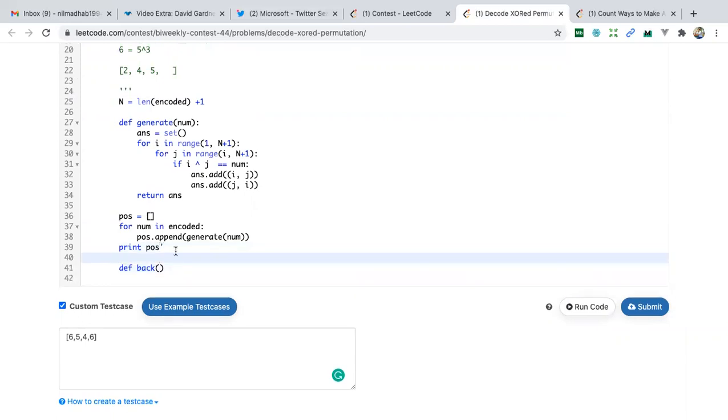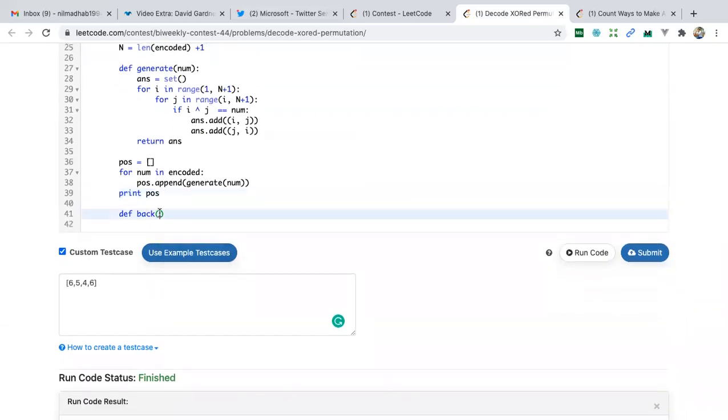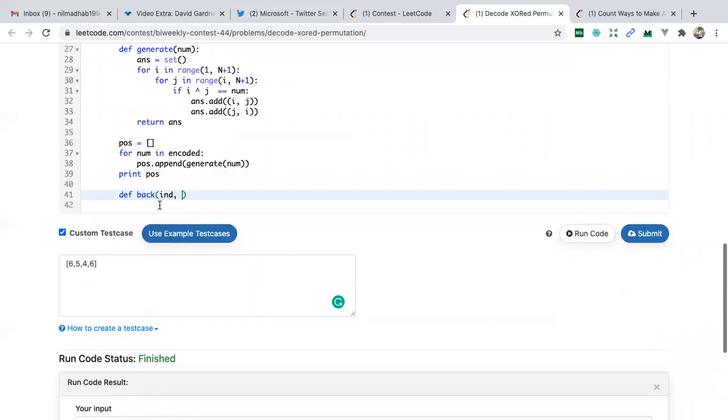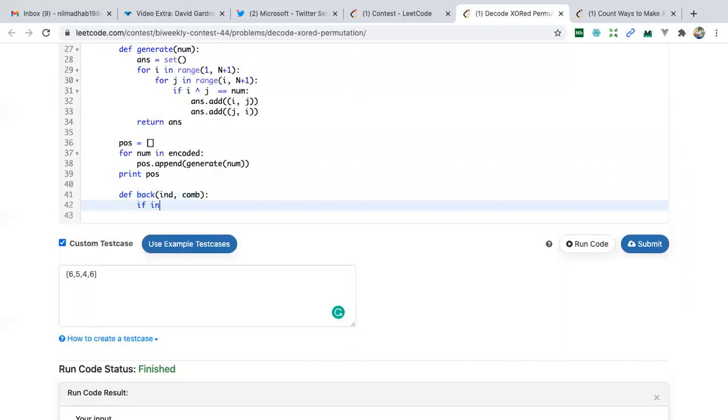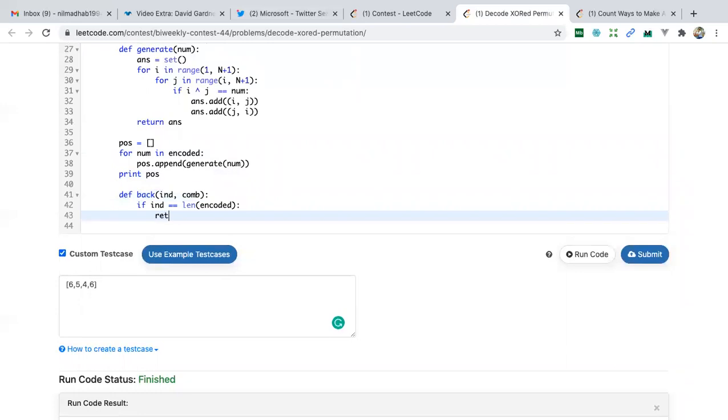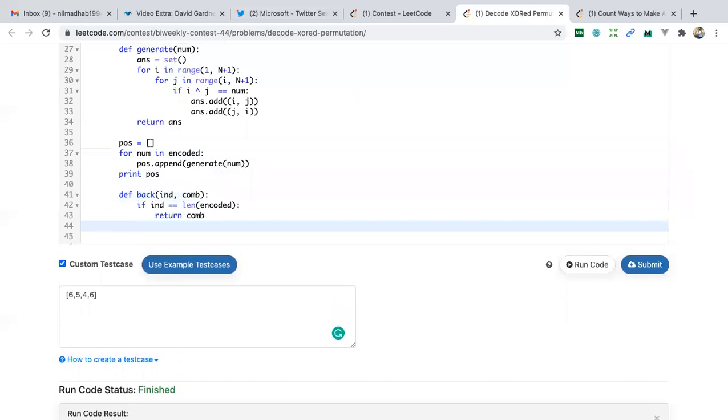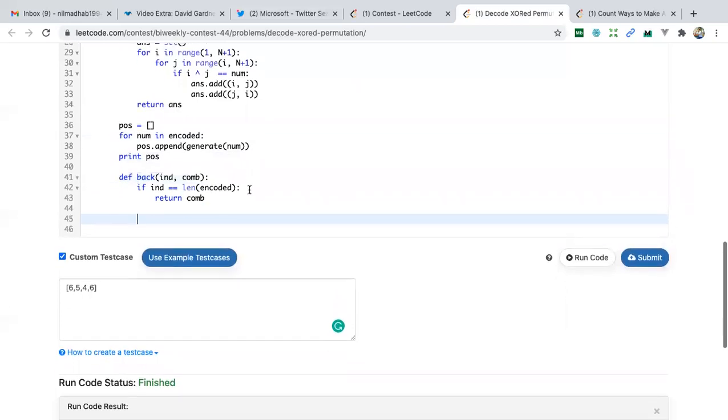Using backtrack. It's like index and combination. So if index equal to length of encoded, it is the base case, like we have this one, so return combination, or else we'll try.